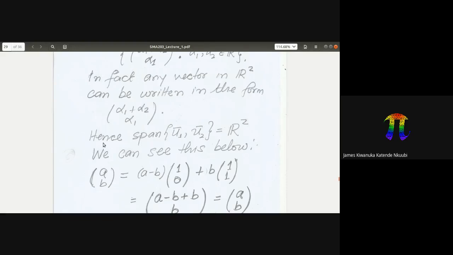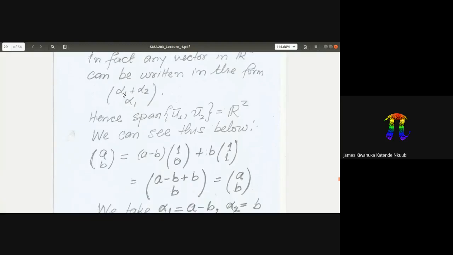So basically what we are saying is that the span of these two vectors is the whole of R2. It's the whole plane. Any vector in the plane can be written as a linear combination of those two vectors, in this form: (alpha 1 plus alpha 2, alpha 1).